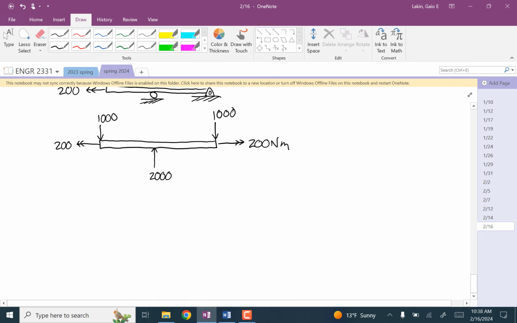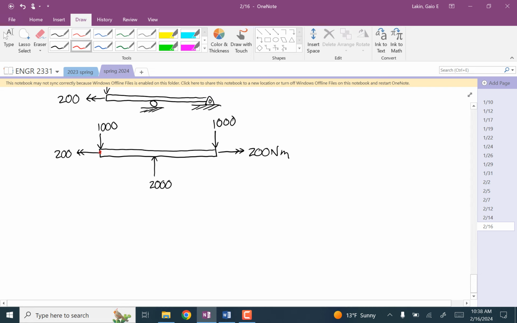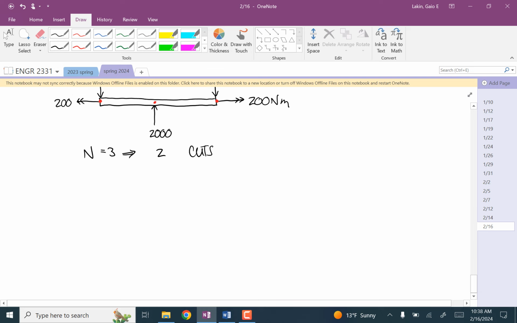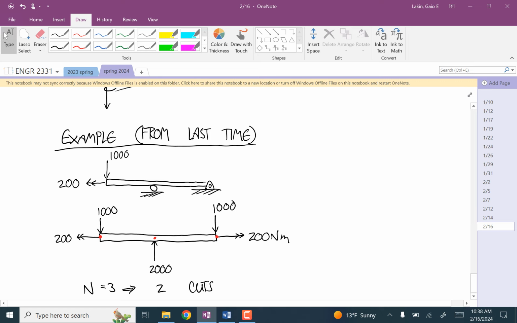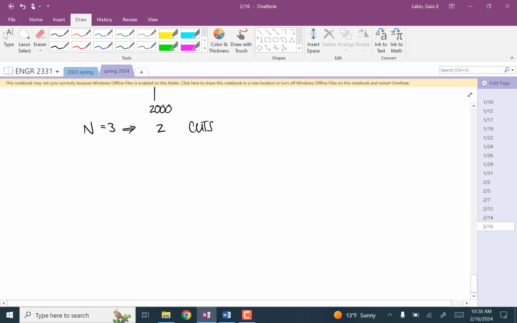And so now we figured out that these are the three places that define the subfunctions, where we have to make our cuts. So we have n equals 3, which means we have 2 cuts. This thing has a length of 2 meters.